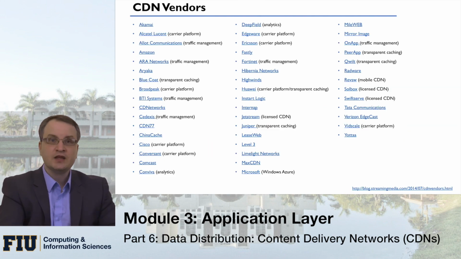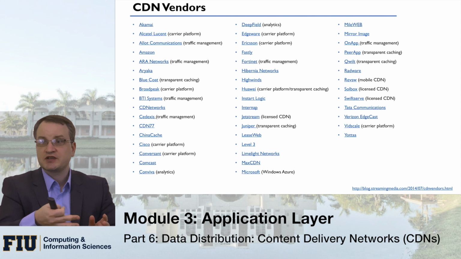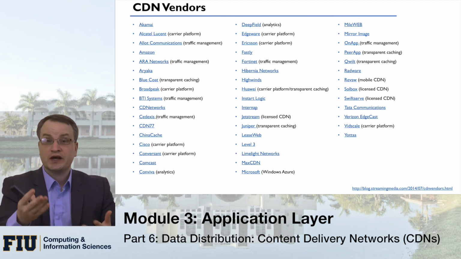There are so many different CDN services right now, and a lot of providers like Netflix, Apple, and basically all the big companies that you know about are also trying to deploy their own CDN service. Instead of relying on some specific company to provide the service, they actually go into ISPs.